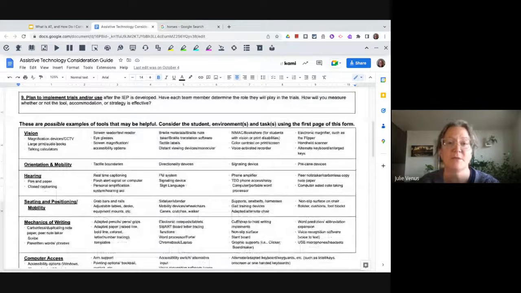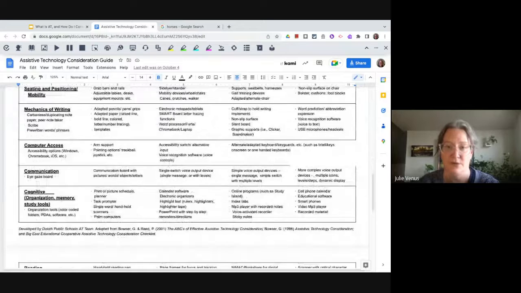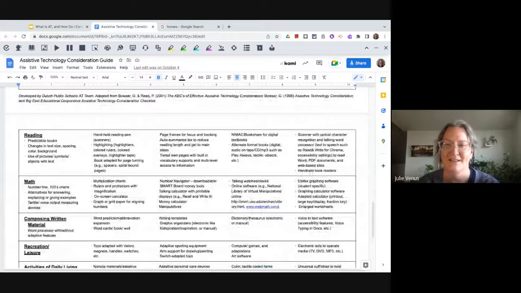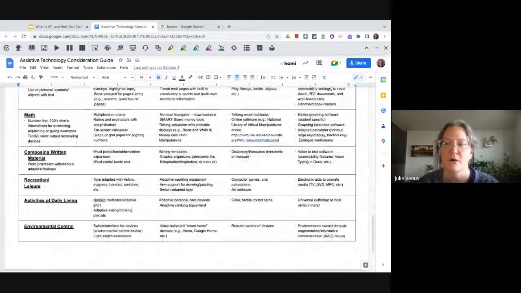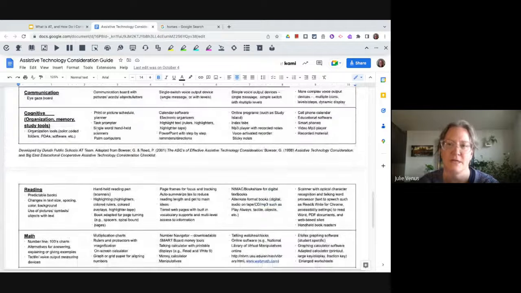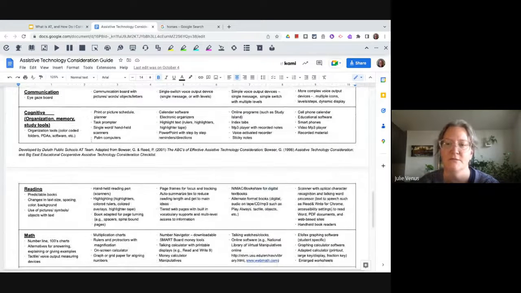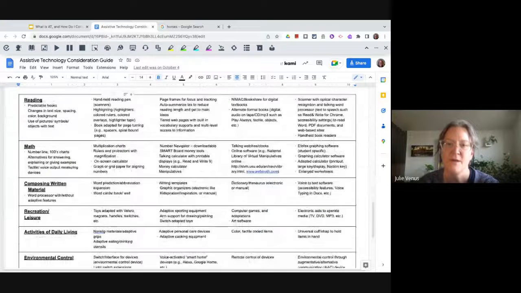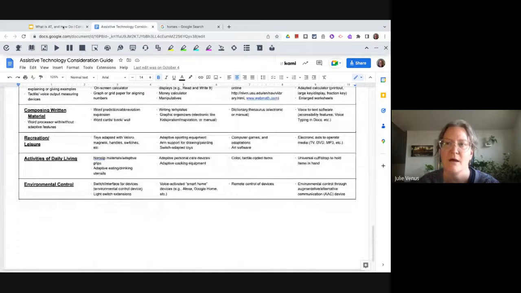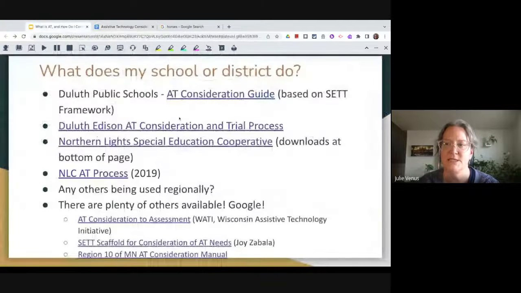At the bottom of this particular one in tiny print, so this will be something you'll definitely want to check out in the links, are options for individual tools that might be helpful in any of those areas: communication, cognitive, reading, math, etc. So just know that that is a resource that you can access there. And back to the slides, just a reminder that other districts and co-ops also have resources linked here.